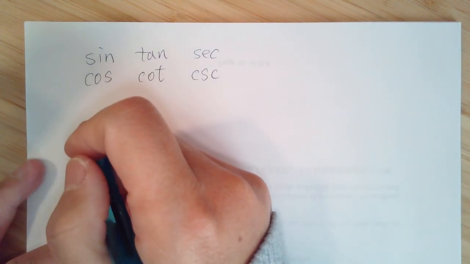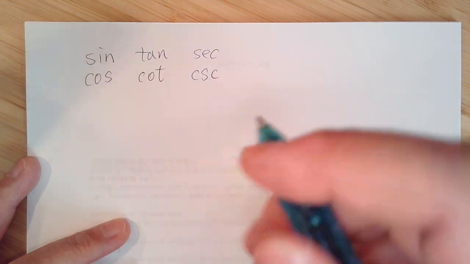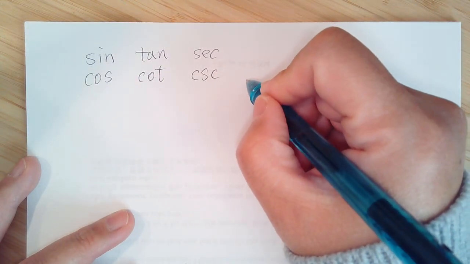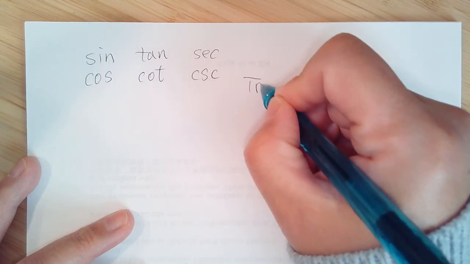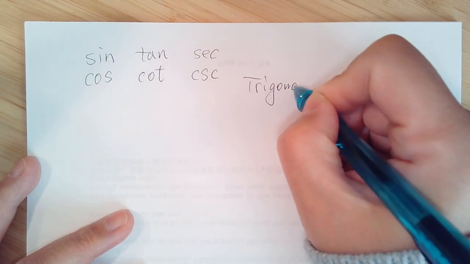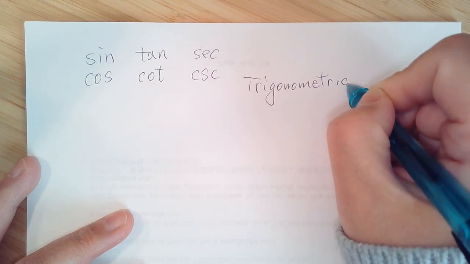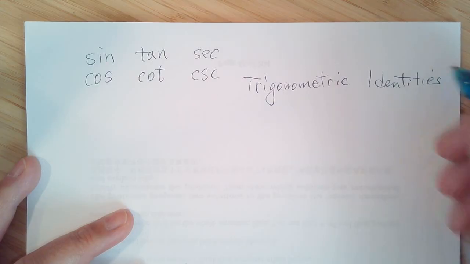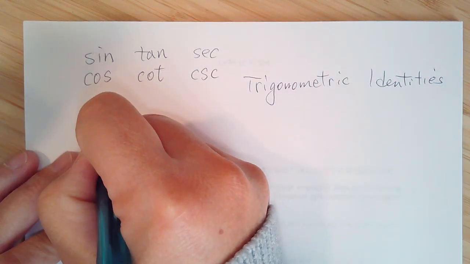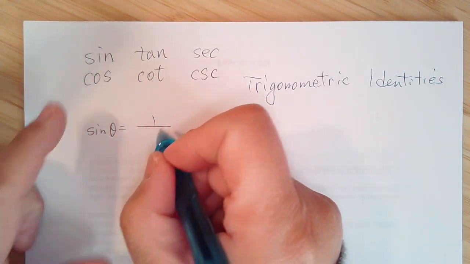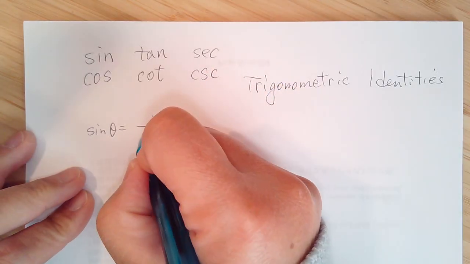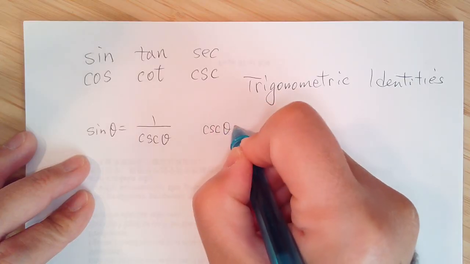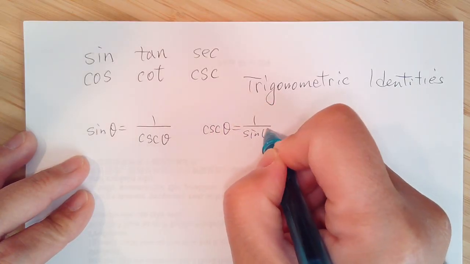Okay, first of all, there are reciprocal identities. Some of them are reciprocals of another. So this section, we're going to call trigonometric identities. Now we know sine theta is the reciprocal of cosecant theta, or cosecant theta is 1 over sine theta, right?